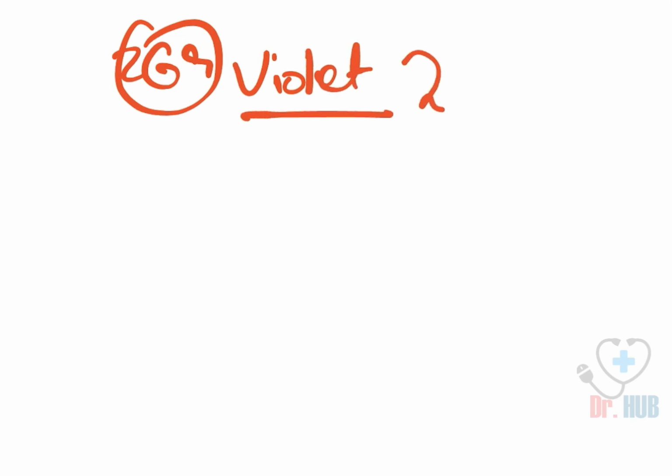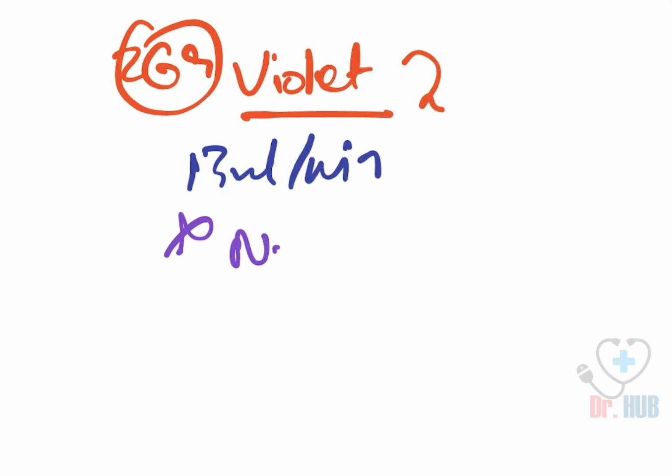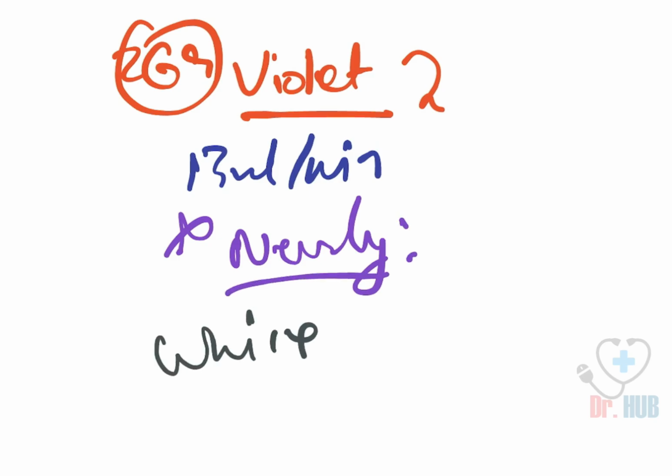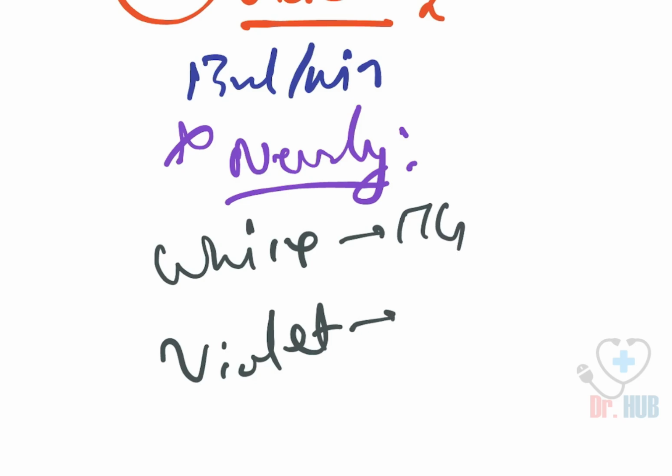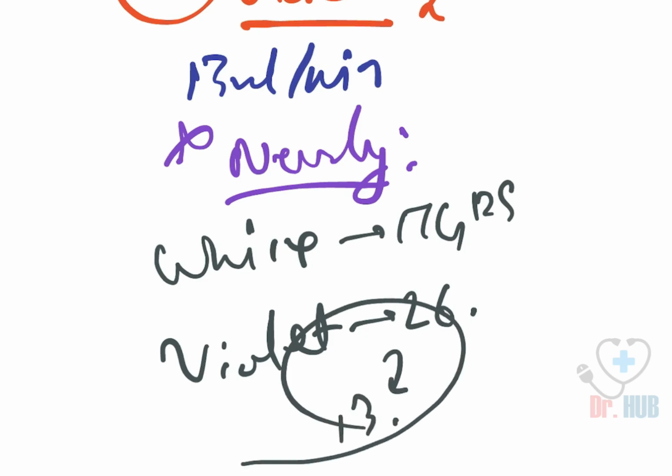This is violet, with about 13 ml per minute. Another thing to note is that it is newly added. There are two newly added ones, white and violet. White is 17G and violet is 26G. The flow rate for white is 125 and for violet it is 13.